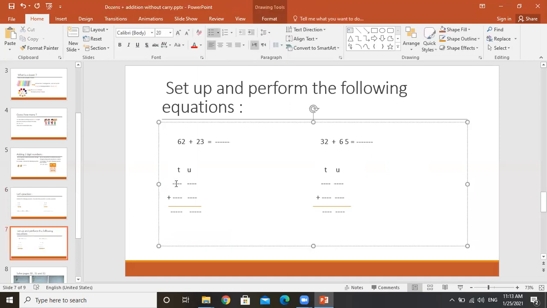So 6 is the tens digit and 2 is the units. And in number 23, we have 2 as tens and 3 as units. We should start from the units. 2 plus 3 is equal to 5, and 6 plus 2 is equal to 8. So the answer is 85. I want you to practice and solve this one.